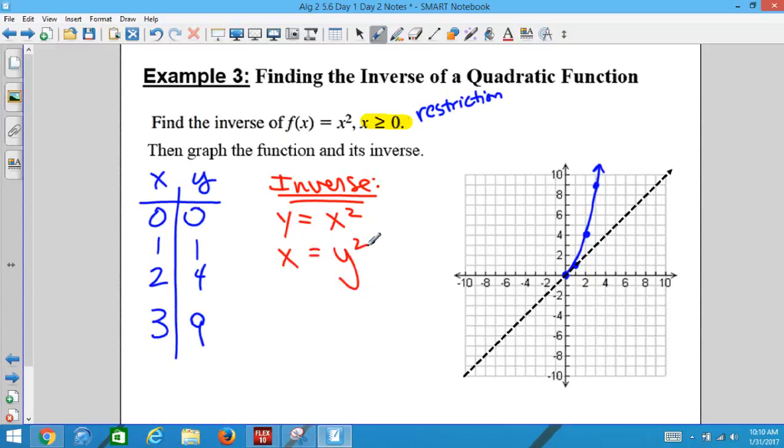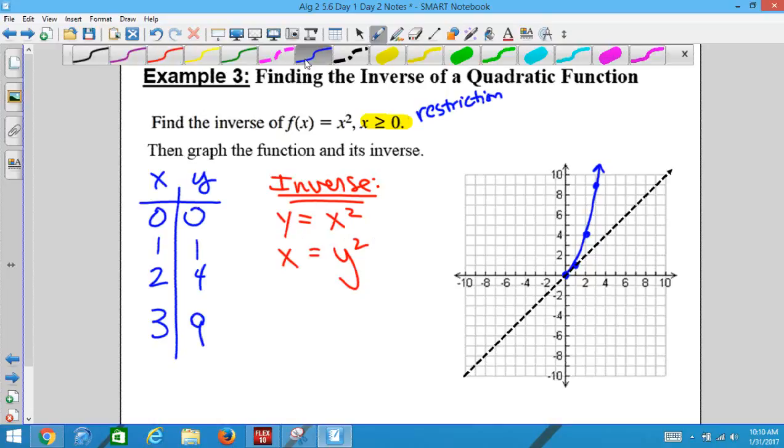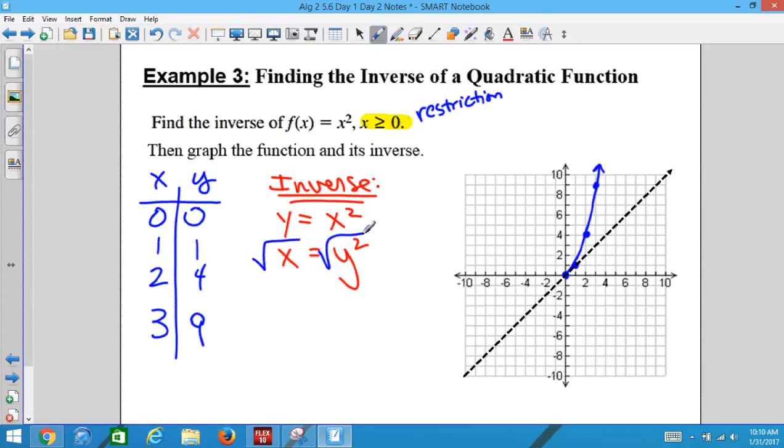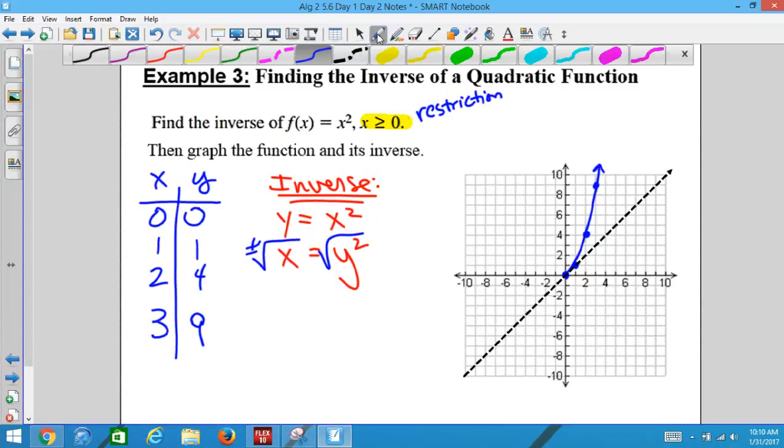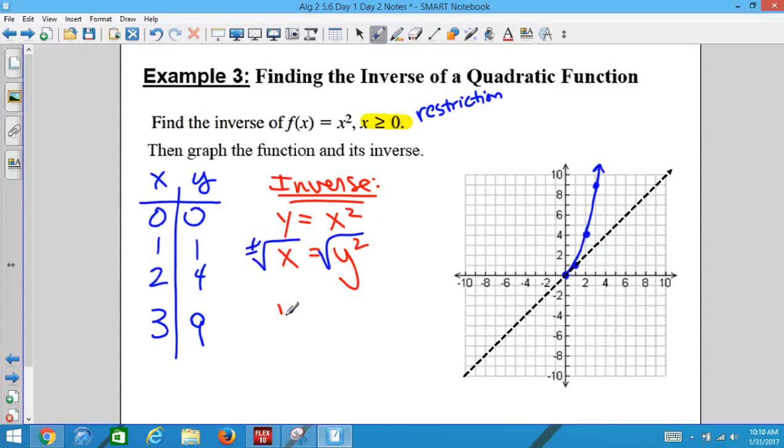Then we solve it, square root. What happens if we square root? Plus or minus. And then we put it back into function form.